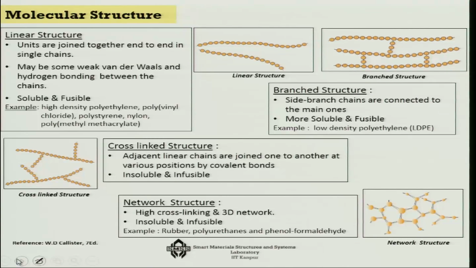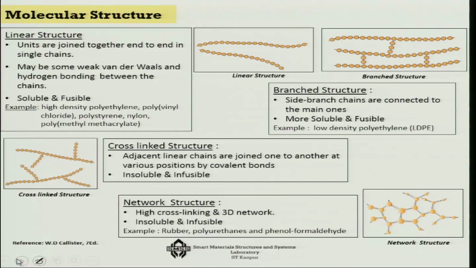Now, if you try to divide it in a different way, more like a fundamental point of view, then you can actually characterize polymers in terms of their molecular structure. So that is something a little more advanced than dividing them in terms of the origin of the polymers.